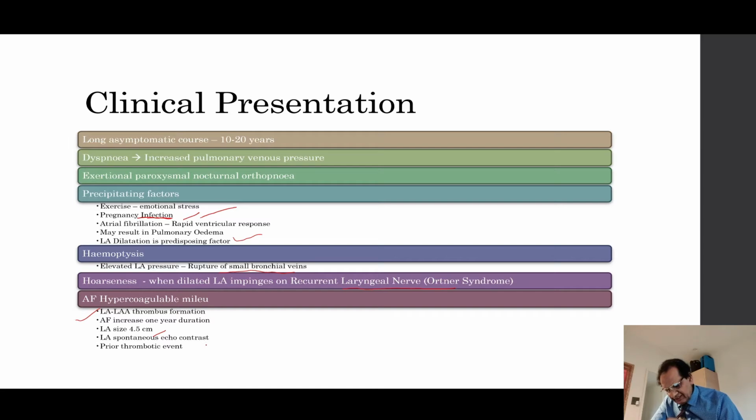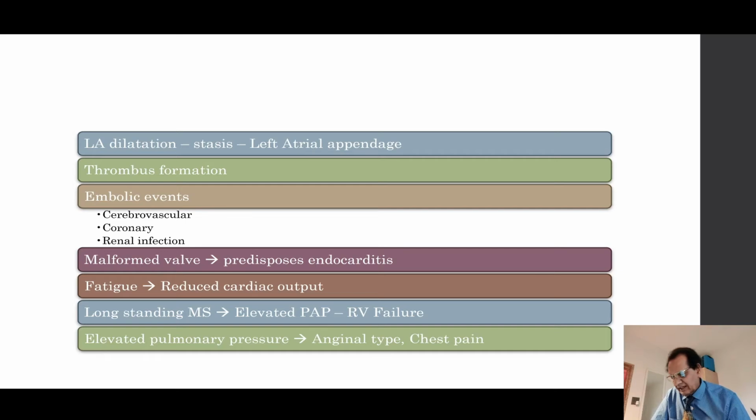The spontaneous echo contrast, if you see it on the echo, is predisposing to thrombus formation. And if there is a prior thrombotic event, then atrial fibrillation may be the presentation. So these are all the presentations of atrial fibrillation, which I call a turning point as far as mitral stenosis is concerned.